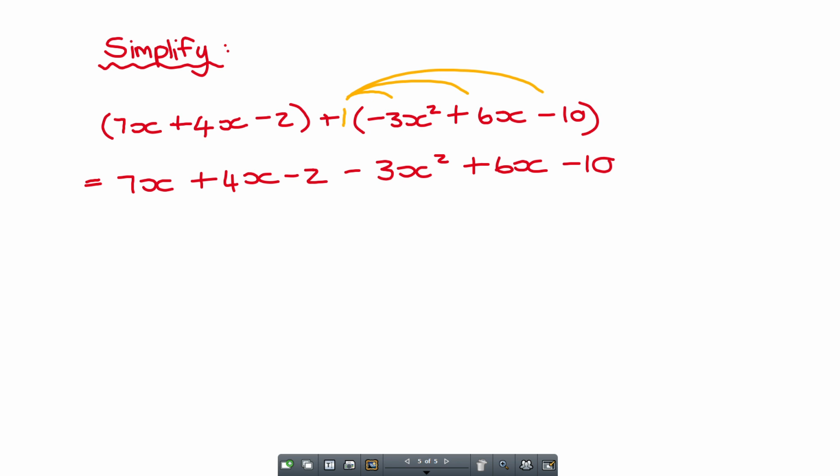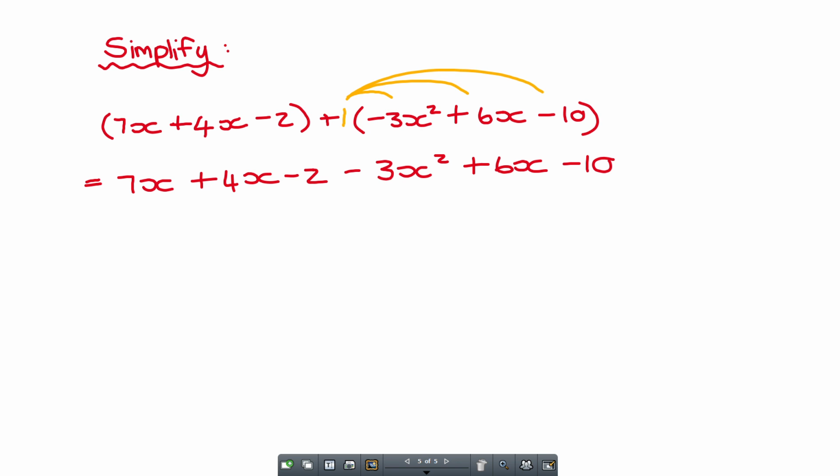Now, for me to be able to simplify, I have got to look for like terms. Okay, now last year I taught you guys it wouldn't be wrong if you maybe shuffled it around, but again, we're moving closer towards grade 12, so we want to get it right. No?